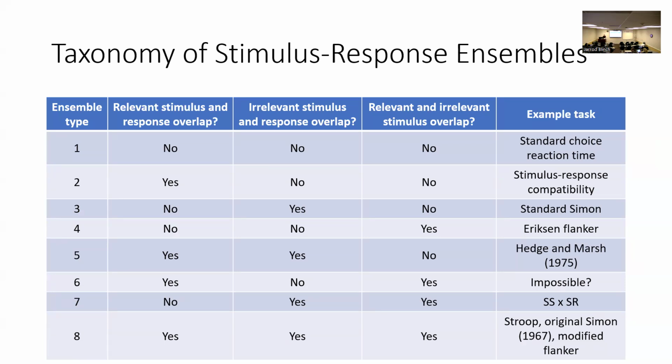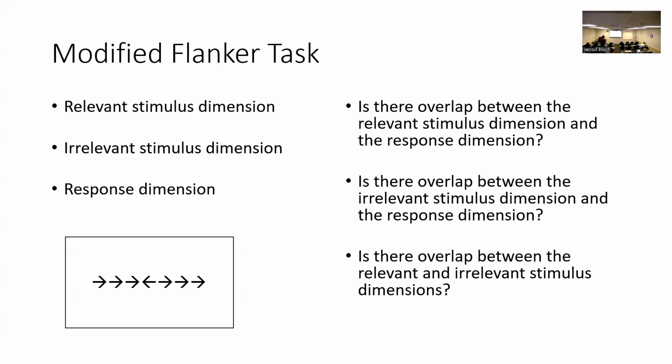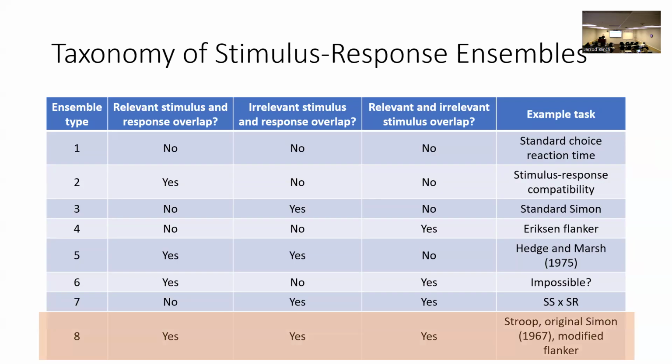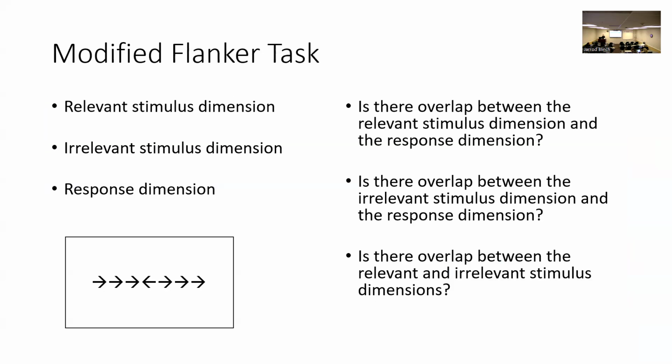I think we're gonna jump. Do we do Stroop first? Okay, we're gonna look at Stroop. I don't think we. No, that is not Stroop. Okay, well, it is a number 8. We're gonna do the modified flanker task, and I think after this we'll do Stroop. So this is gonna be similar, but not exactly the same as the Eriksen flanker.